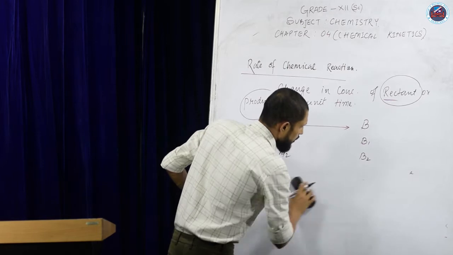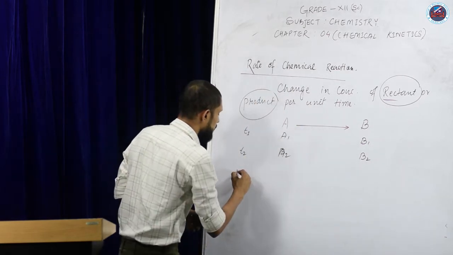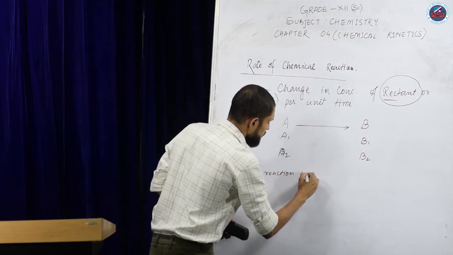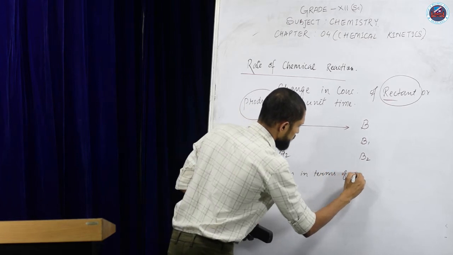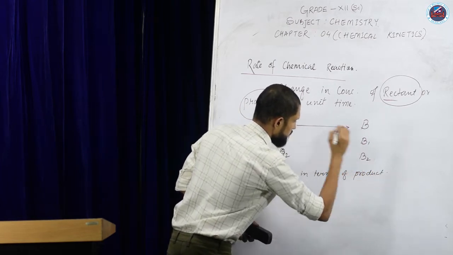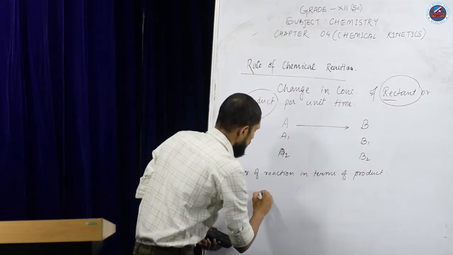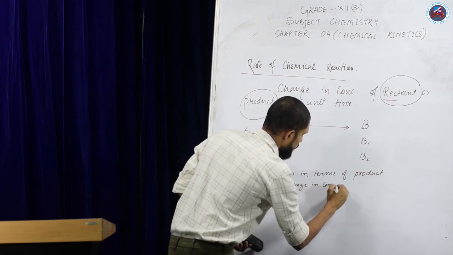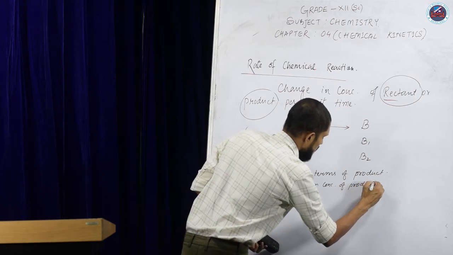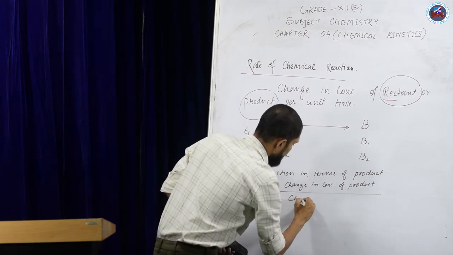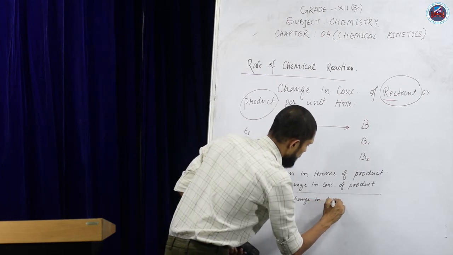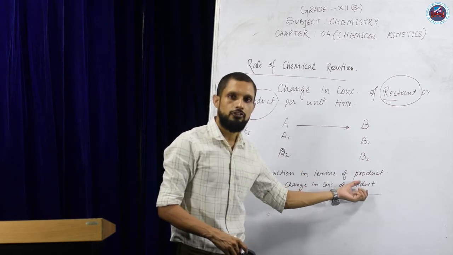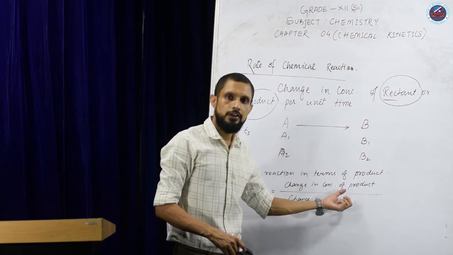Similarly, the rate of reaction in terms of product is equal to change in concentration of product by change in time. So which will be equal to final concentration of product minus initial concentration of product by final time minus initial time.